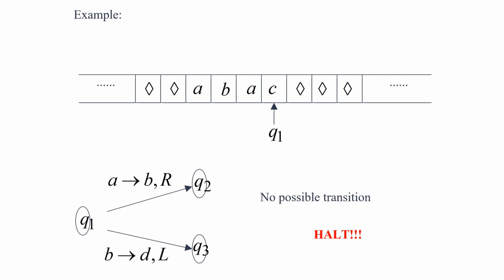When we read the symbol B, we write D in the place of B and move to the left. In this example, there is no transition written for the symbol C. So what can the machine do? The machine can halt at this point.